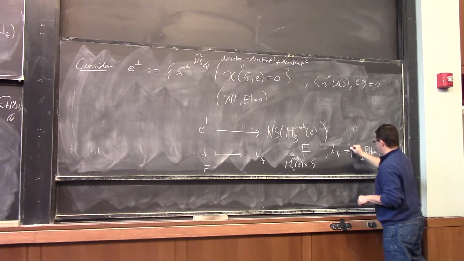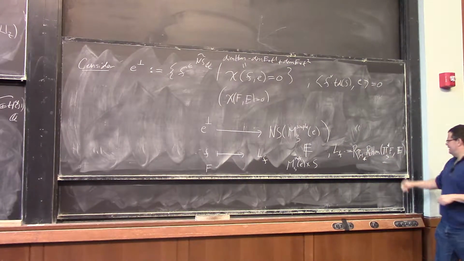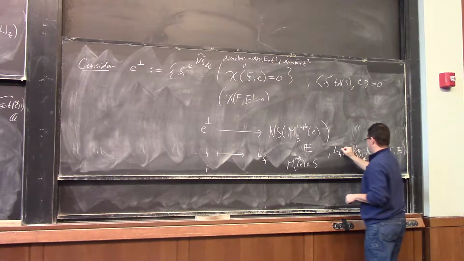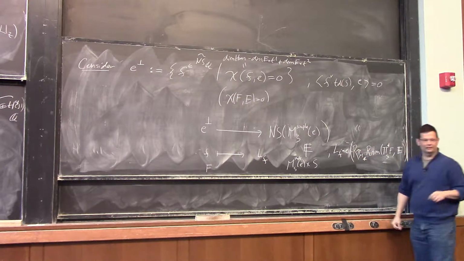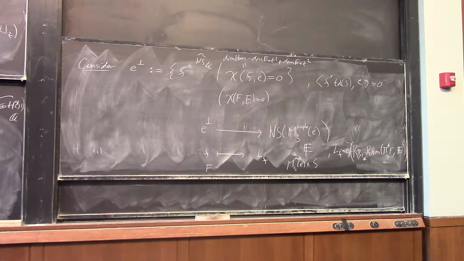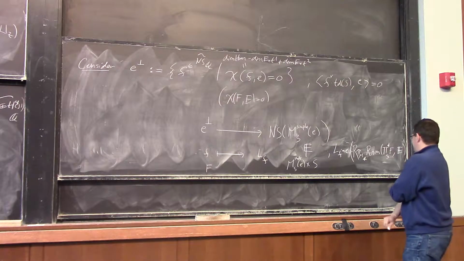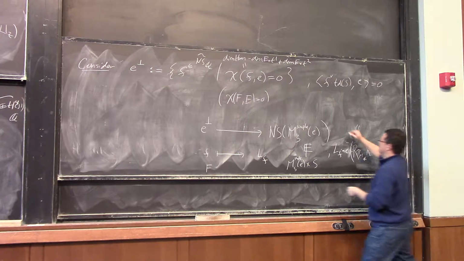Maybe I'll take an R, and I'll take the first Chern class of that. And for good measure, maybe I'll put a minus sign in front. The sign actually ends up being minus. So that's my L_F. So here's a little remark.